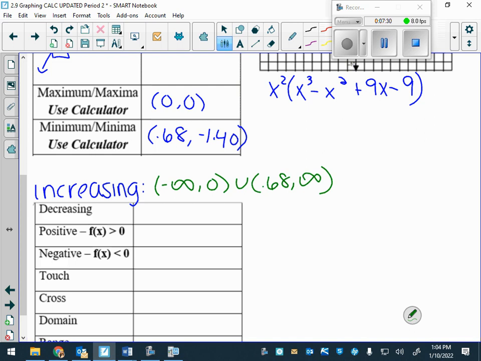Addison. Good. Awesome. Good. Now, where am I positive? Let's see, Esteban, where am I positive? Okay. Genevieve, where am I positive? Good. 1 to infinity. Where am I negative? Nolan.